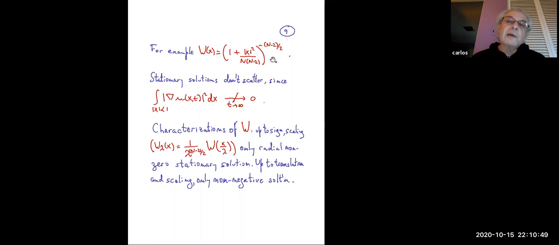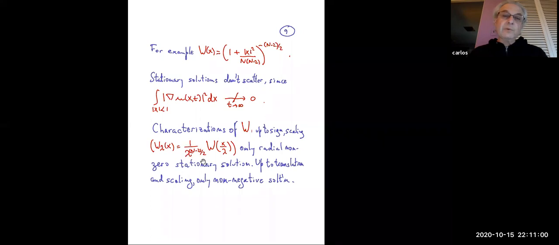This W has interesting characterizations. It's a very well-studied object. Up to sign and scaling, the scaling, of course, is the same one that we saw before, plus and minus W lambda are the only radial, non-zero stationary solutions.